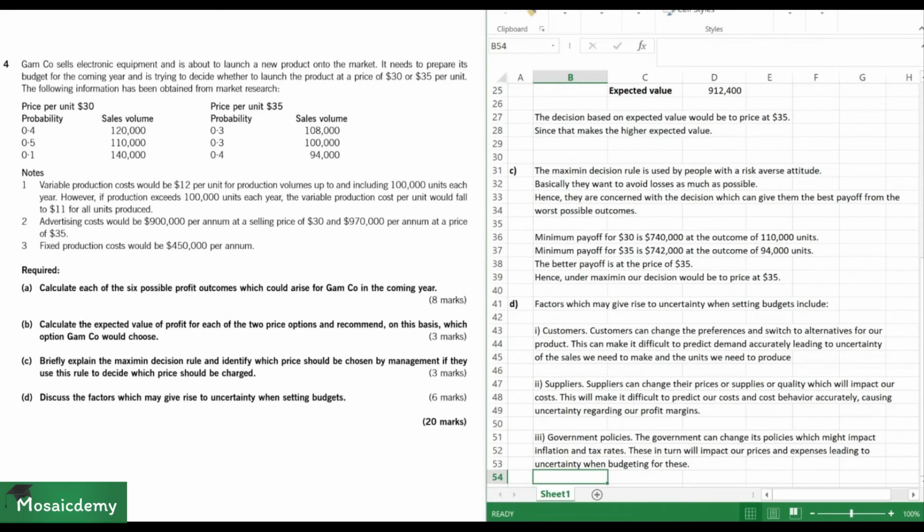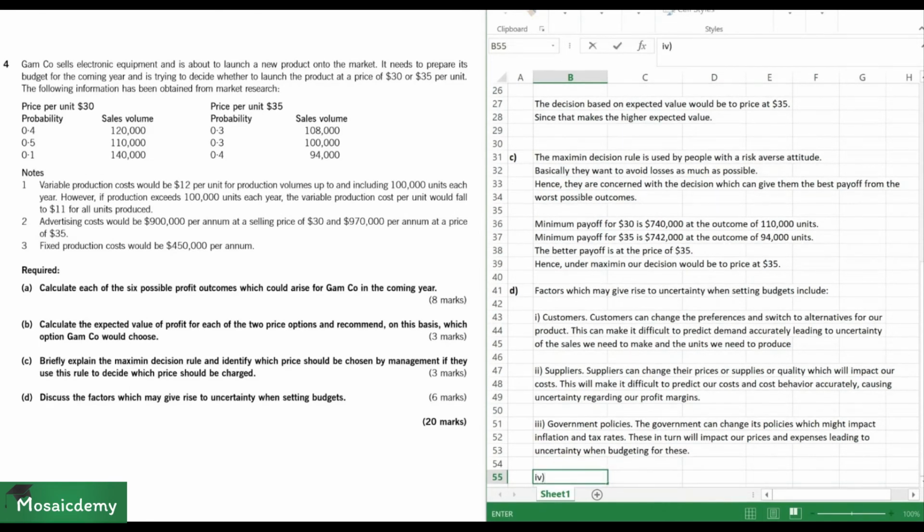Okay, number 4. So government policies, what else things in the external environment can happen? Okay, we can talk now a bit from a PESTEL point of view. Technology, right? Changes in technology.